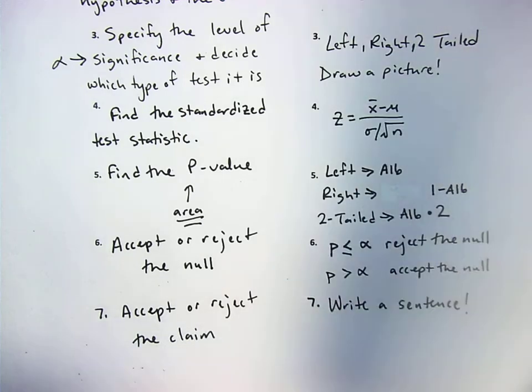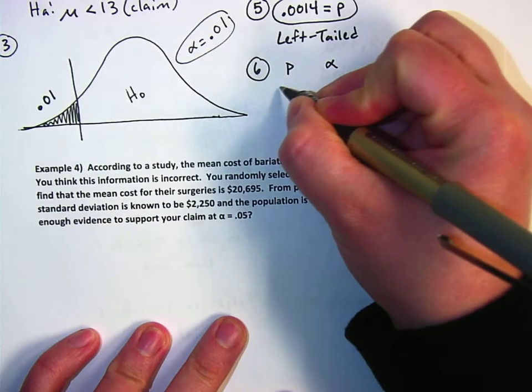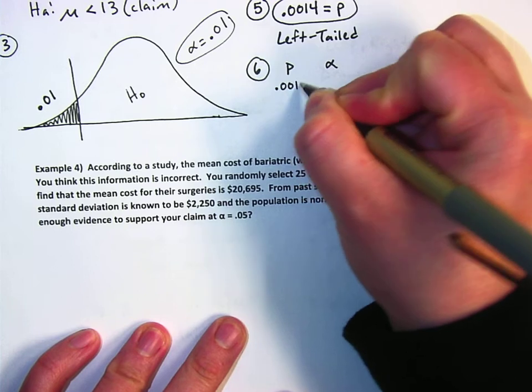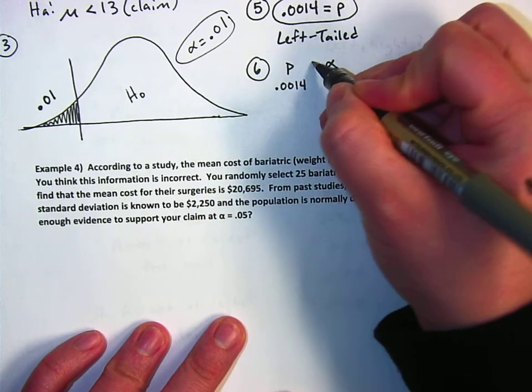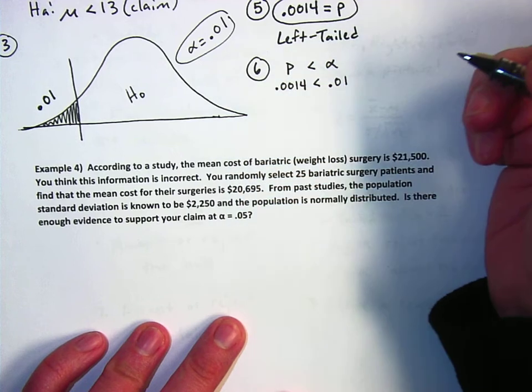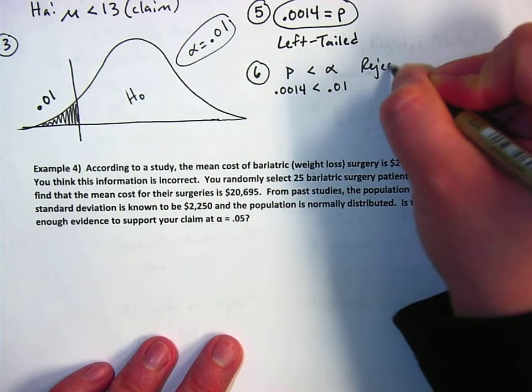Okay, let's see, I've got p on the left. So p and alpha. P is 0.0014 and alpha is 0.01, and that is less than that. And since p-value is less than alpha, I'm going to reject the null.